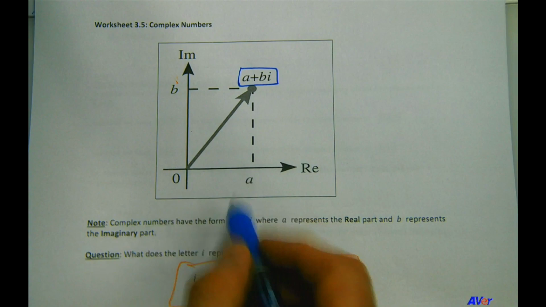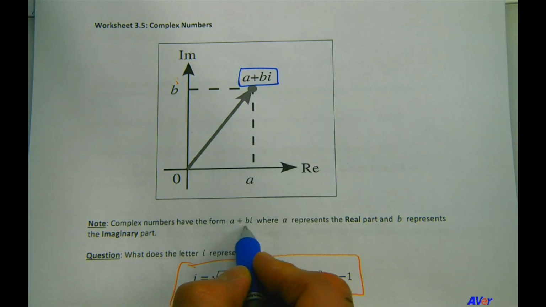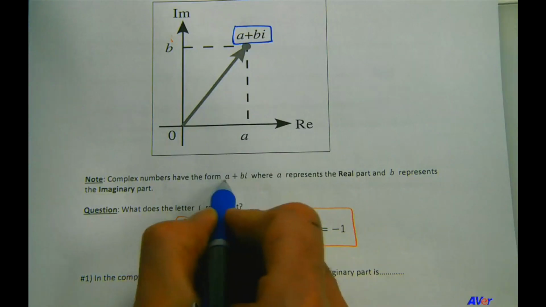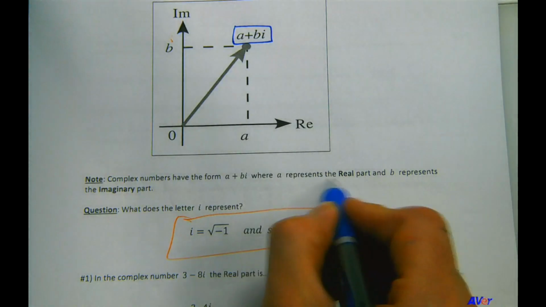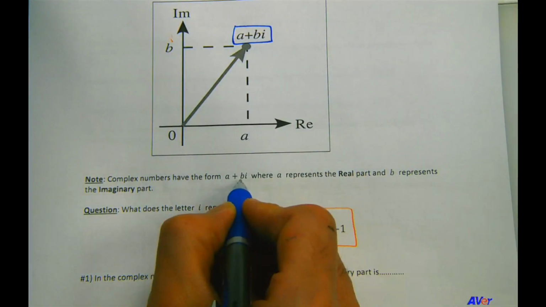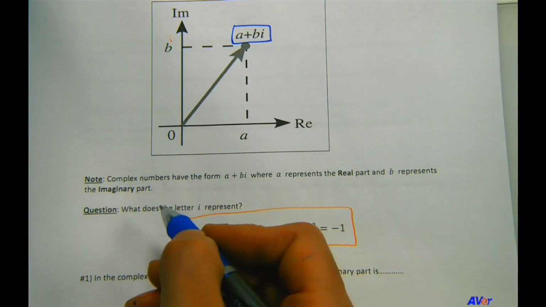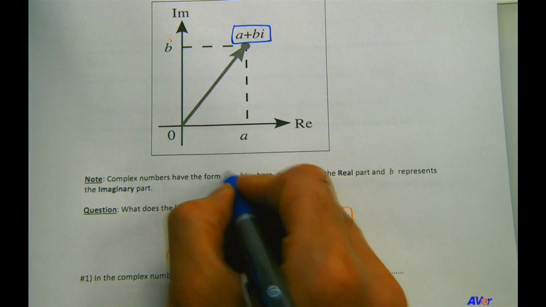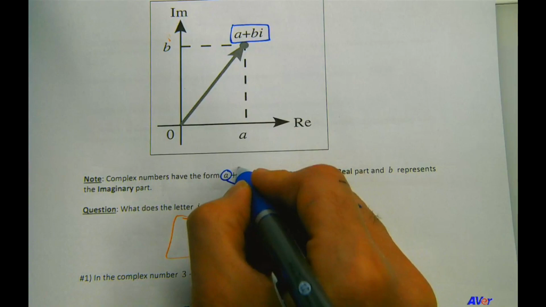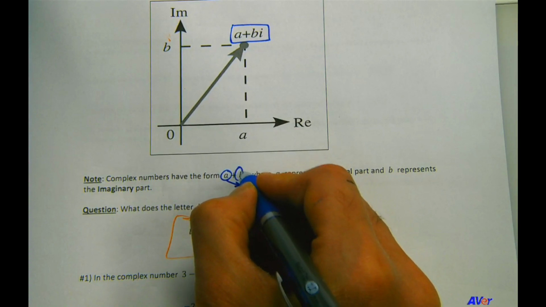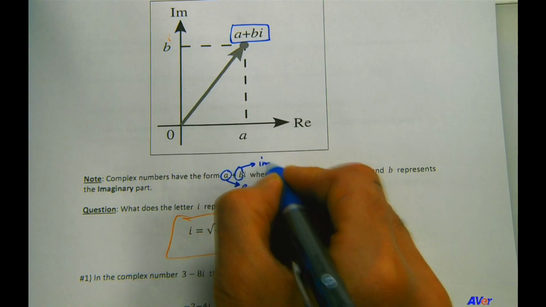Given this complex number A plus BI, A represents the real part, and B, just B, not I, the B only, represents the imaginary part.